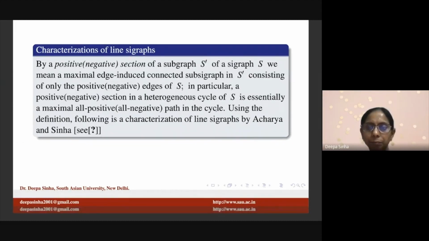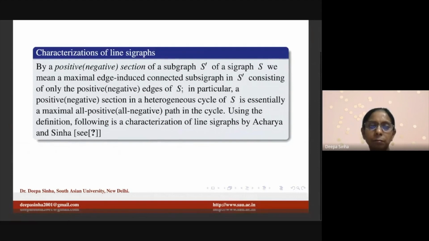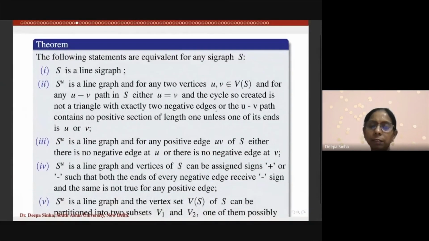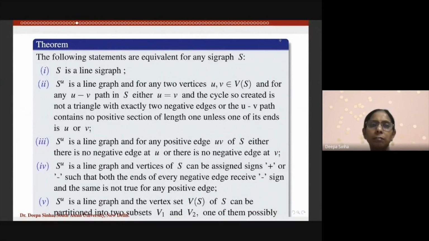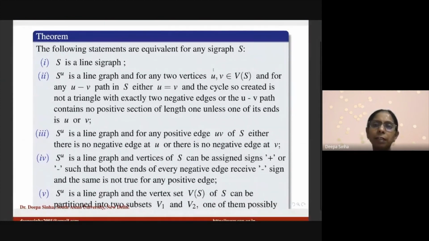So one has to go through this to understand that the following statements are equivalent for any given sign graph S. S is a line sign graph, or the underlying graph of a sign graph is a line graph, and for any two vertices, all these points are equivalent to each other.